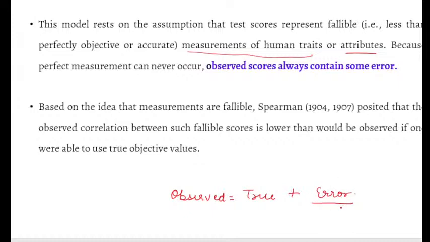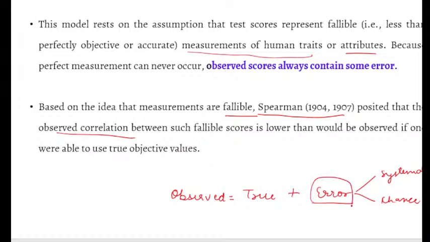Now that error can be systematic, and that error can be just by chance also. So in this theory, Spearman has taken into account the fallible nature of human beings and why the observed score will include the error score along with the true ability.